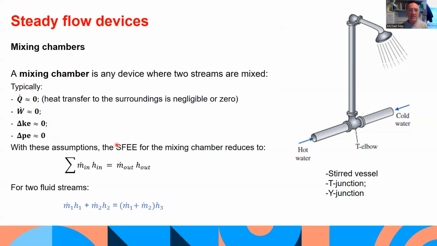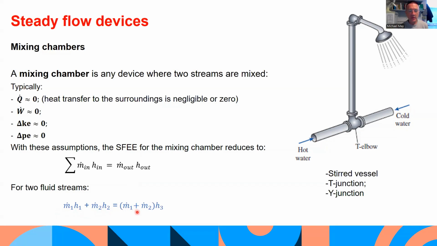Again, when we apply the steady flow energy equation, what we do is we sum up all the mass flow rates multiplied by their enthalpies on the inlets, and that equals the mass flow rate at the outlet multiplied by the enthalpy at the outlet as well. If we're dealing with two streams, we have the mass flow rate of the first stream, let's say the hot stream, multiplied by its enthalpy, plus the mass flow rate of the cold stream multiplied by its enthalpy.